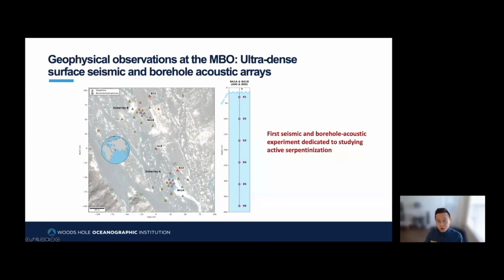In each borehole, we deployed 6 hydrophones spaced by 70 meters, with the shallowest hydrophone at 30 meters, or 15 meters below the water table. And this is the first ever seismic and borehole acoustic experiment dedicated to studying active serpentinization. So all the signals that we see here were just, first ever.